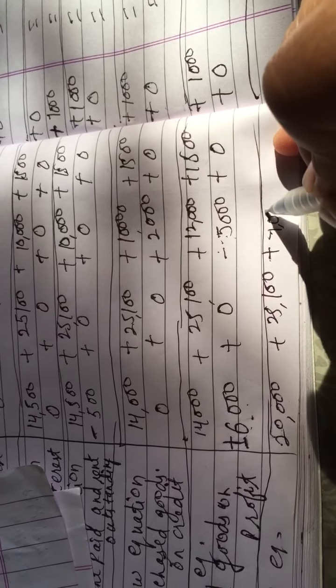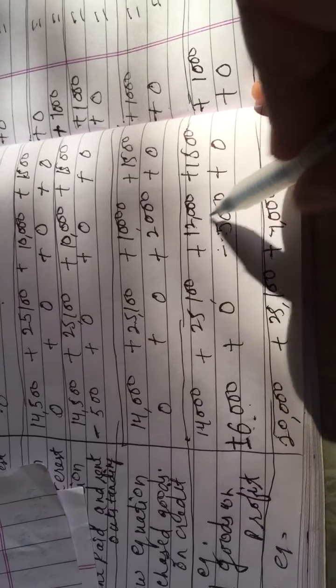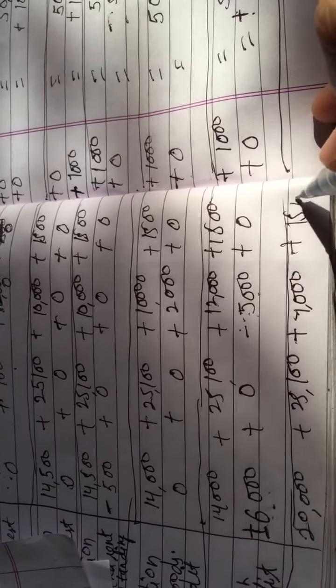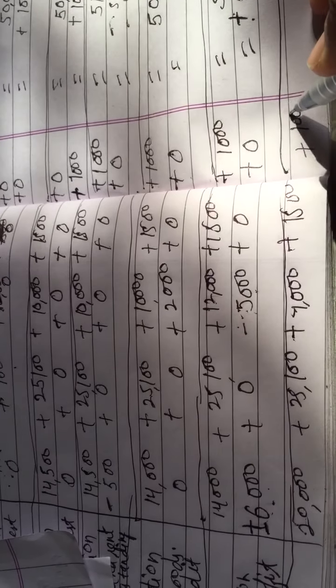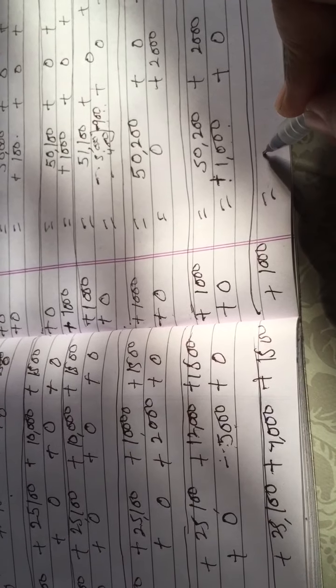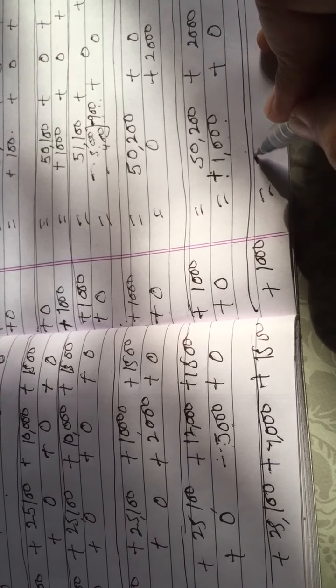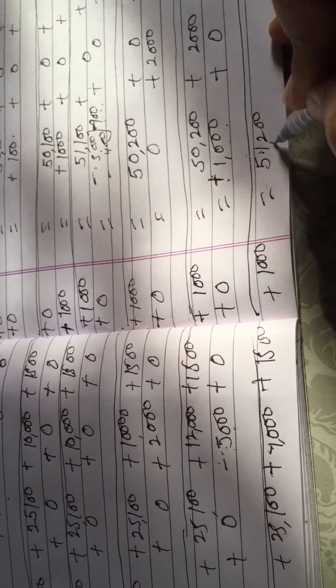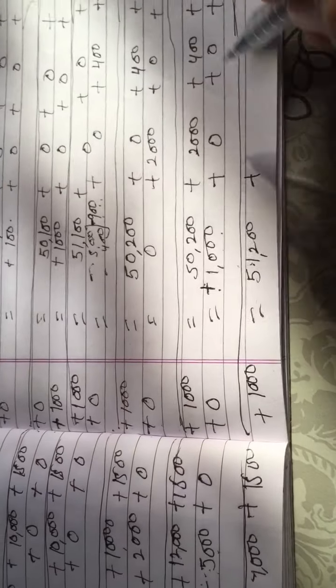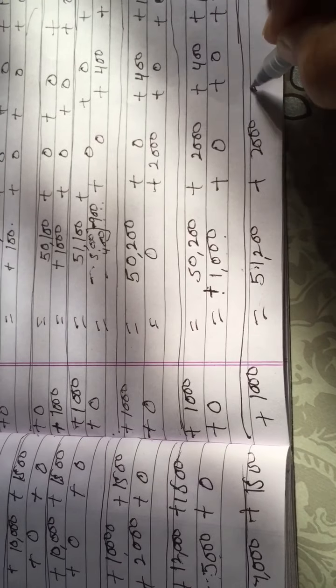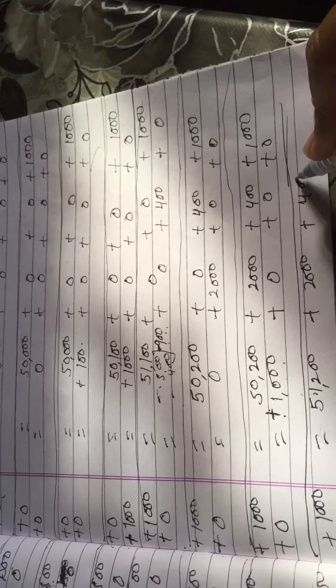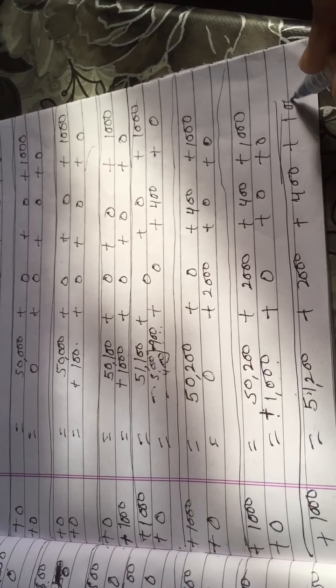Stock will decrease by cost, that is rupees 5,000, 12,000 minus 5,000, 7,000. Capital will increase by rupees 1,000, creditors 2,000, outstanding rent 400 plus income received in advance rupees 1,000.